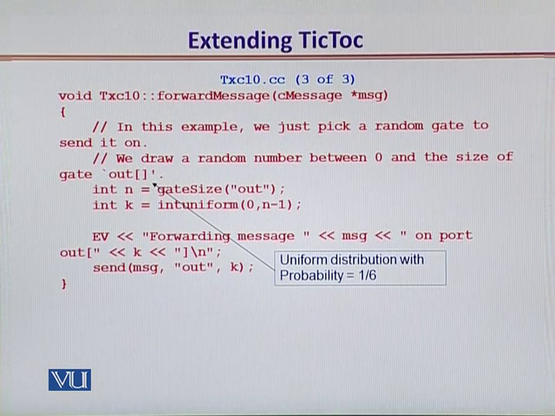And another variable called k, which is an integer, computes the uniform distribution as an integer value for anything between 0 to n minus 1, that is between 0 to 5. So it means there is a probability that when, as a random process, a sender determines the destination, it might as well be itself. So eventually, when this process is executed, the message would be displayed as forwarding message on port number, which is determined by k.